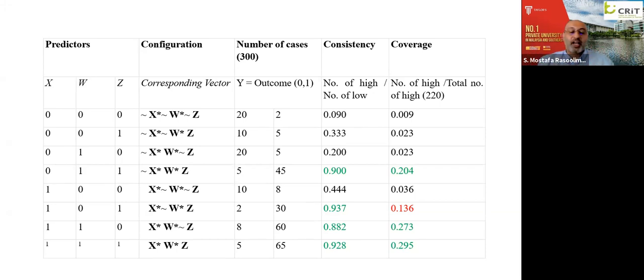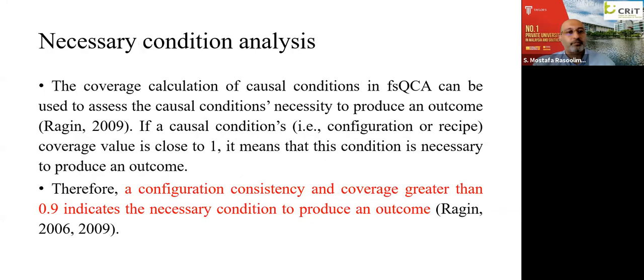So you can see for this combination, but this is a very simplified version of calculating consistency and coverage, because in this case the conditions can also be combined and create new combinations. But for this one, just to understand, consistency is 0.9 and coverage is 0.2. So this condition can be considered a sufficient condition for generating the outcome.